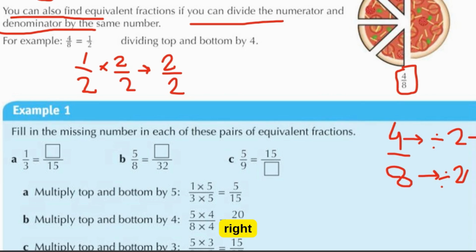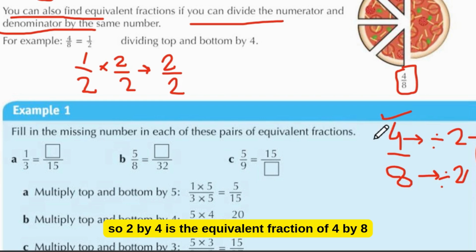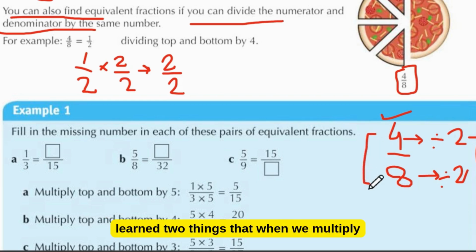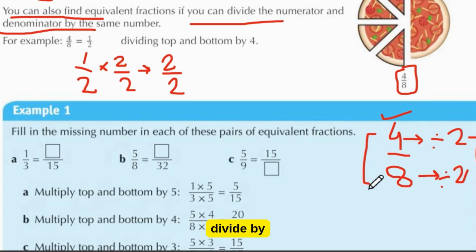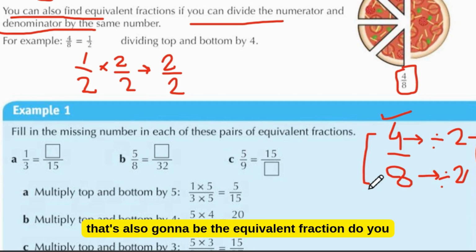It means 2 by 4 is also the equivalent fraction of 4 by 8. So we have learned two things: when we multiply the numerator and denominator by the same number, it will be an equivalent fraction, and also when we divide the numerator and denominator by the same number, that's also an equivalent fraction.